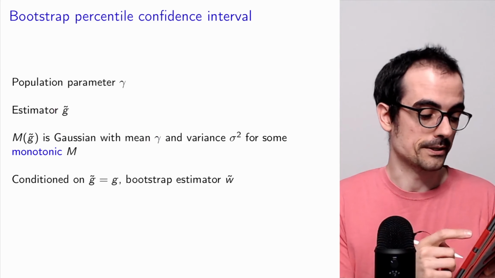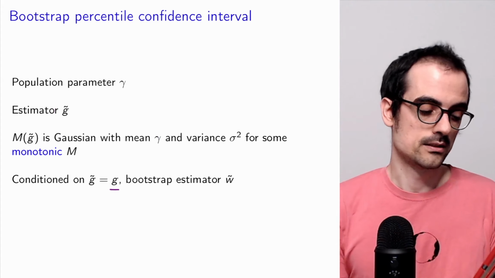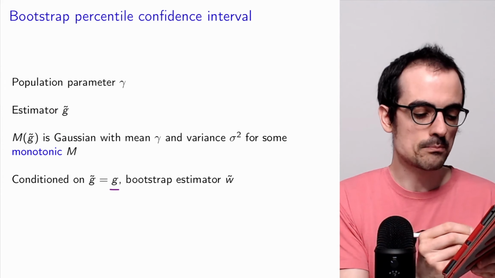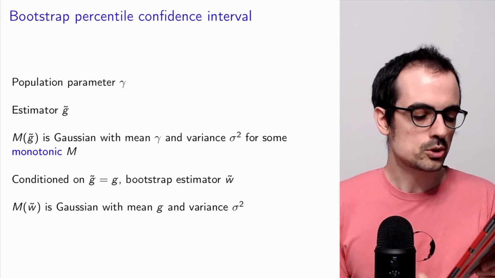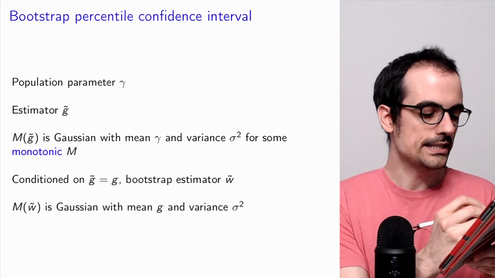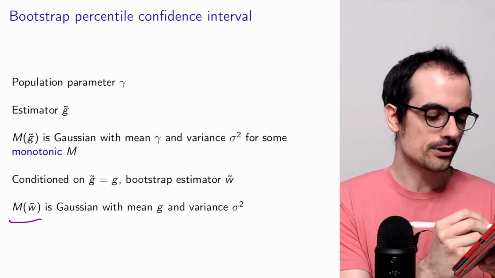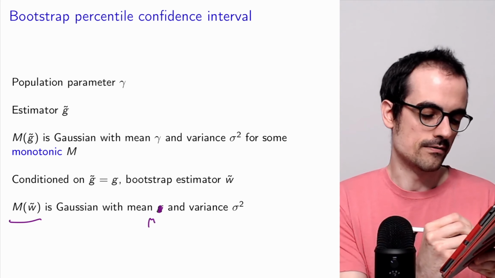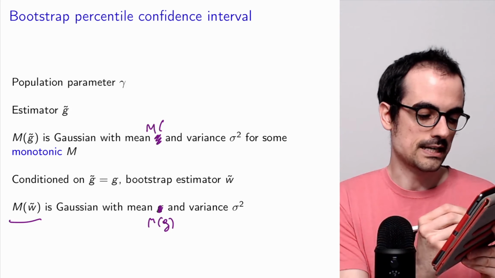Conditioned on a certain value of the estimator, we can obtain a bootstrap estimator by resampling the available data. And that bootstrap estimator is going to be Gaussian once we apply the transformation, with mean m of g, and remember that this is m of gamma.